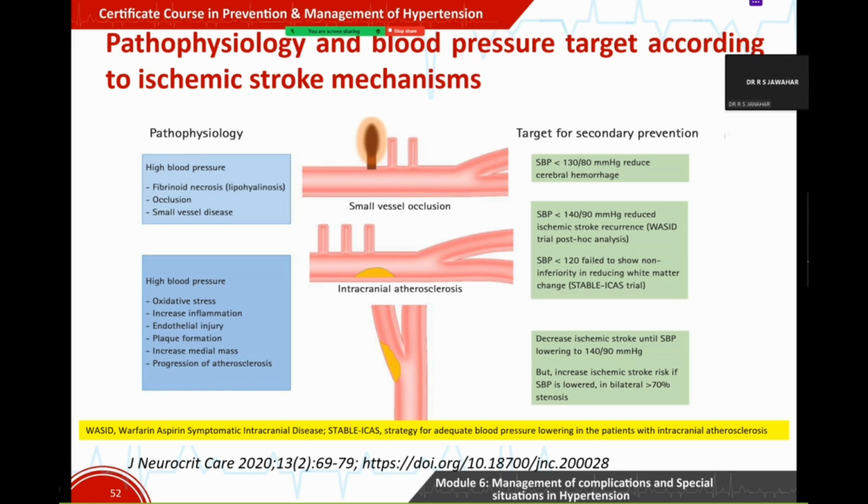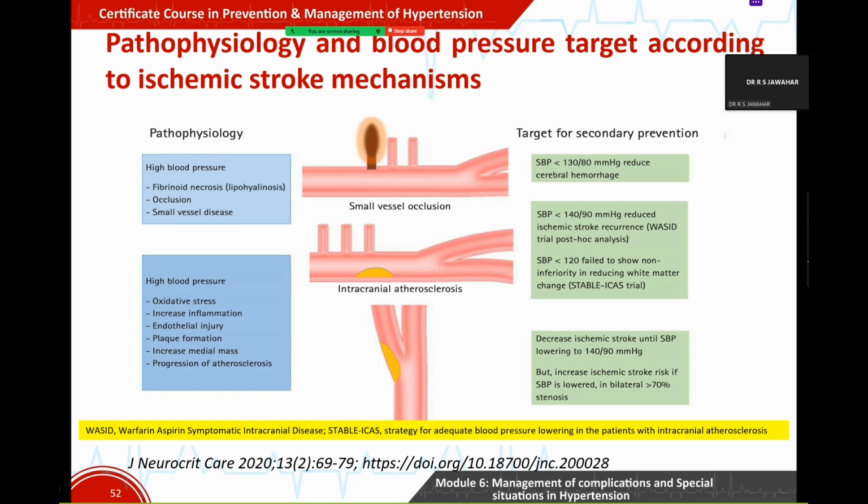In intracranial atherosclerosis, high blood pressure causes oxidative stress, increased inflammation, endothelial injury, plaque formation, increased medial mass, and progression of atherosclerosis. Targets for secondary prevention here: systolic blood pressure less than 130 by 80 to reduce cerebral hemorrhage, and systolic blood pressure less than 140 by 90 to reduce ischemic stroke recurrence.